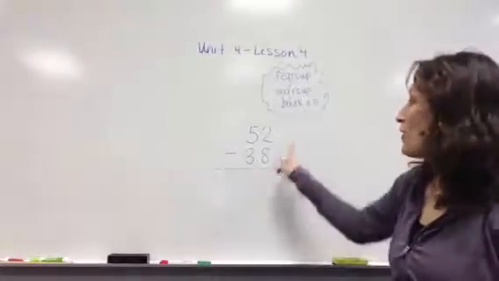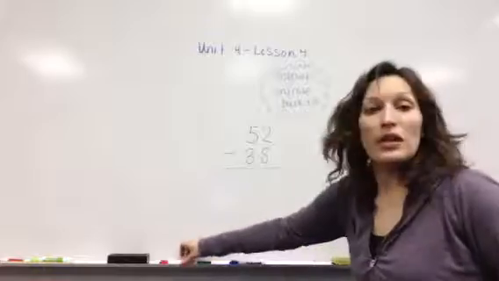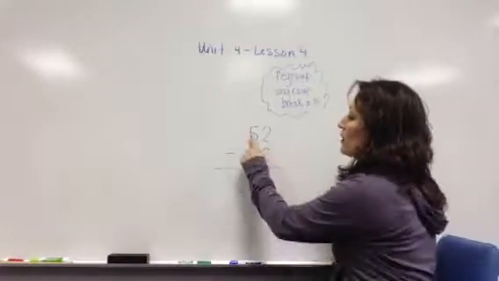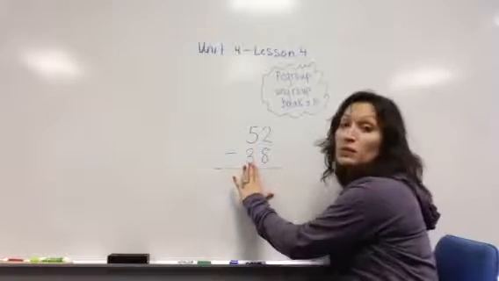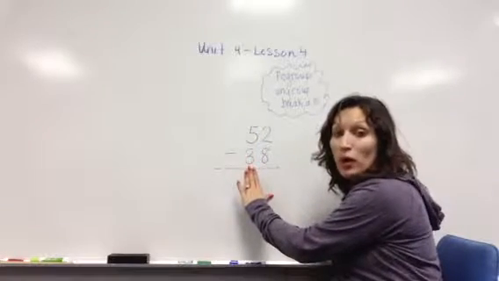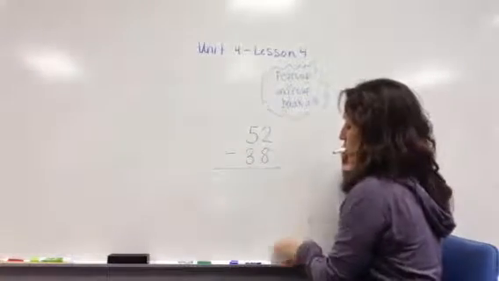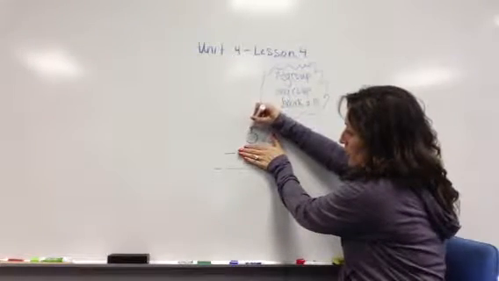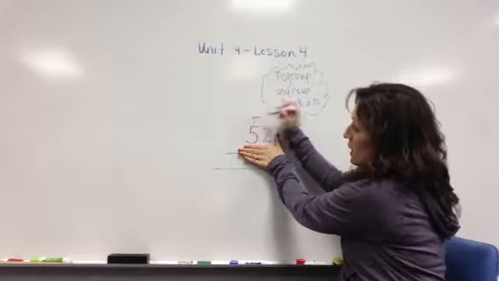Okay, so if I look at this problem stacked up tall, there's a reason that it's stacked this number over this number, because both these numbers are in a special position. The most powerful position of this number, 52, is the 5, because it's talking about 5 tens.